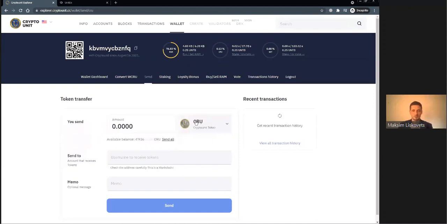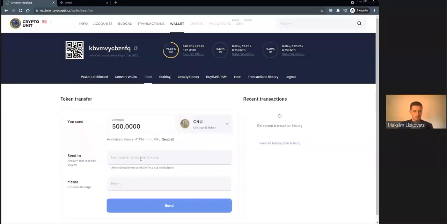Let's go with the CRUs, okay? And the amount, well, let's say we're going to move 500 CRUs to some wallet. Well, of course, not some wallet, quite a specific wallet that you would like to move those tokens to.